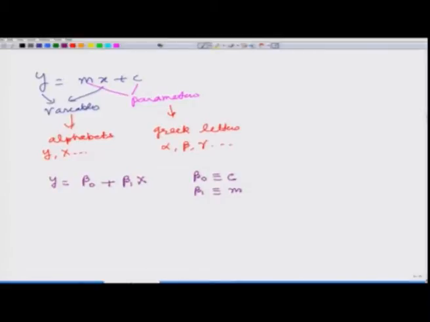Now the model is known when beta 0 and beta 1 are known, at least in this case.